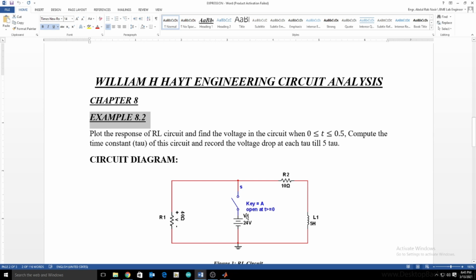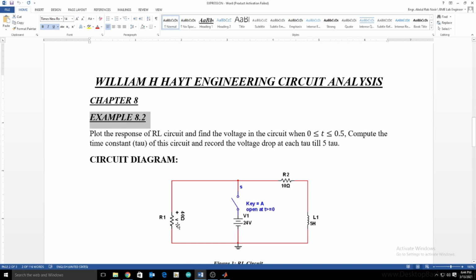When the switch is open, this inductor, which is charged when t is less than 0, will provide charge to the circuit. This is the simple RL circuit, and it becomes a source free RL circuit when t is equal to 0 or greater than 0.